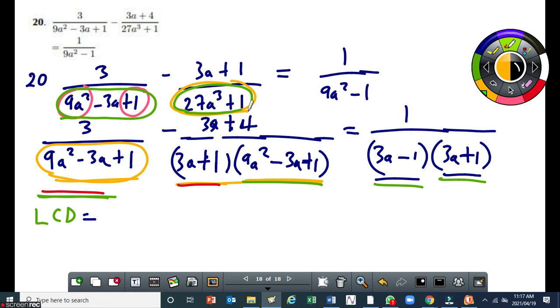Then we have this 3a plus 1, which means it's also a factor of that sum of two cubes. Then we are only going to have this binomial here. So our LCD is going to be a product of 27a cubed plus 1 and 3a minus 1.